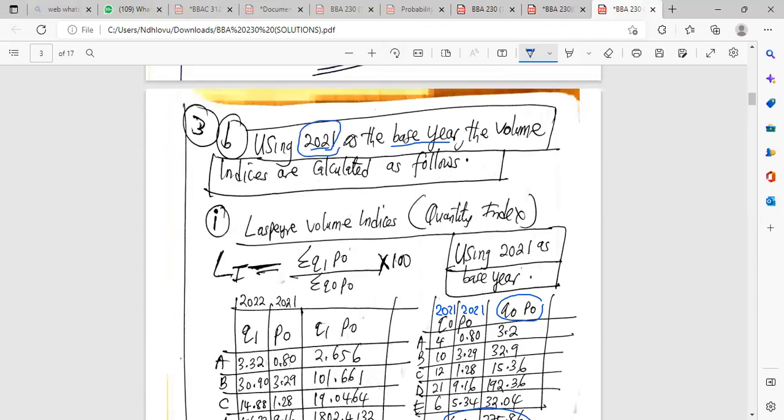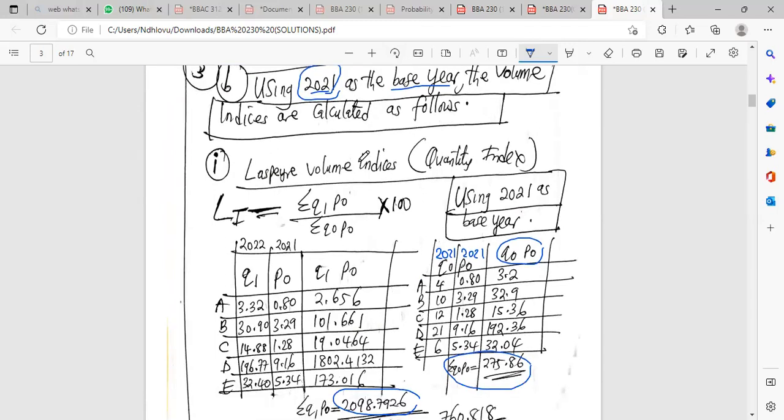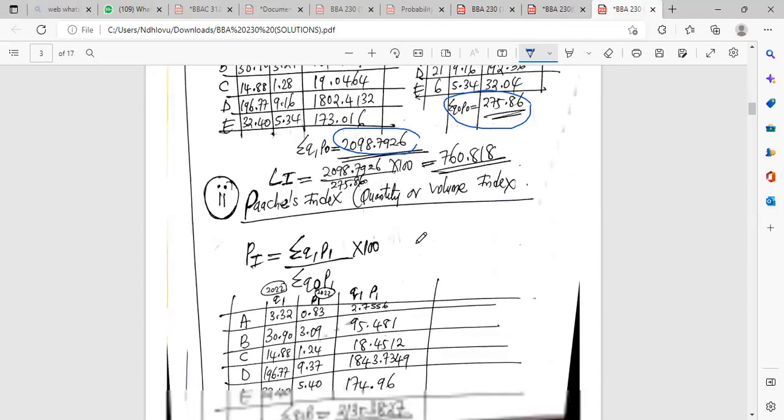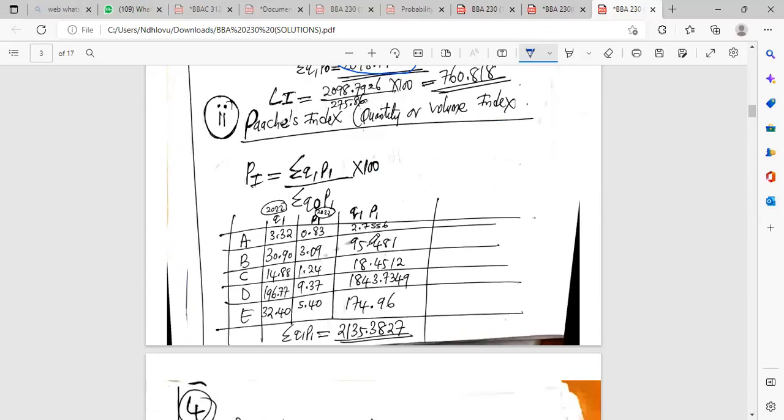So we can quickly substitute and then get the values as they come. For the partial index, the Q1 P1 is giving us 2001.35.3827. That is on the summation of Q1 P1.